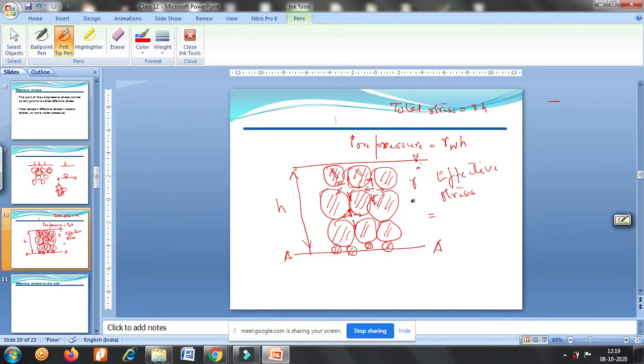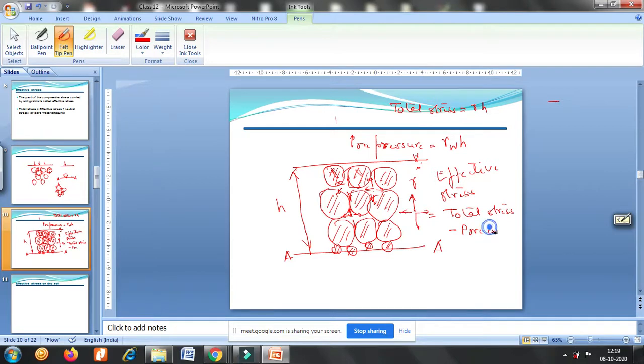Some portion is acting in this direction, and some portion is acting in the upward direction. So this upward stress will reduce the weight of the soil mass. If we subtract the hydrostatic stress, that is the pore water pressure, from the total stress, then we can find out the effective stress.